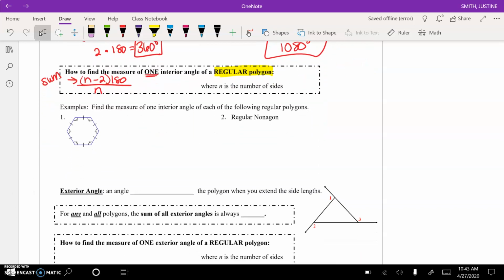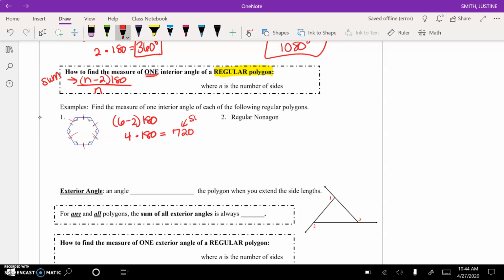So here, I have 1, 2, 3, 4, 5, 6, right? So I have a hexagon. So I know it's 6-sided. So I'm going to do 6 minus 2 times 180. And I get 4 times 180, which is 720. And that's the total, that's the sum.